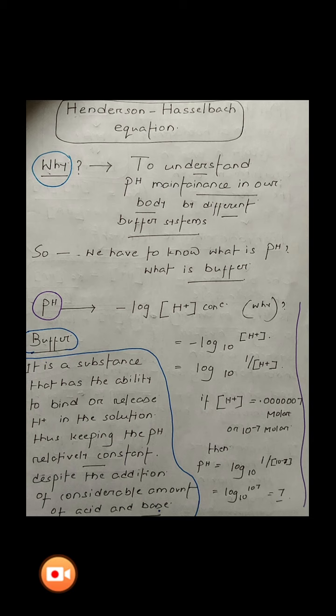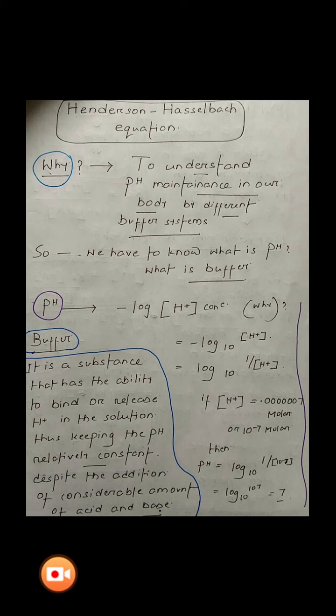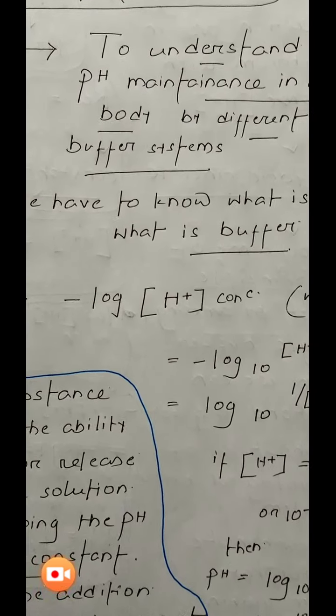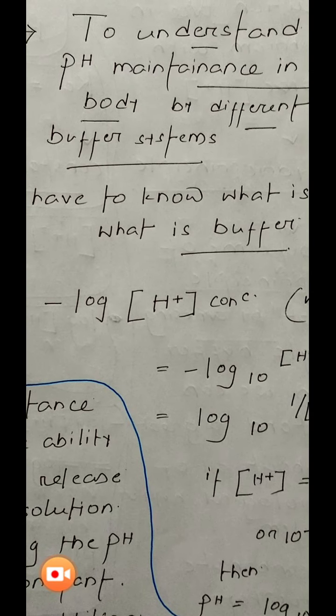So at first, we have to know what is pH and what is buffer. pH is the negative logarithm of H plus ion concentration.